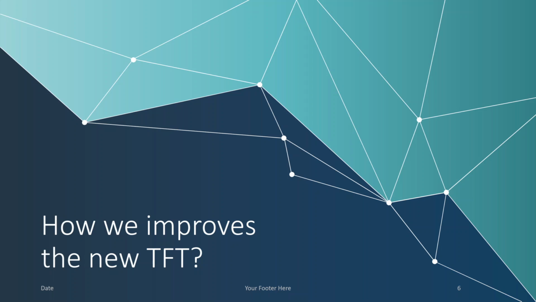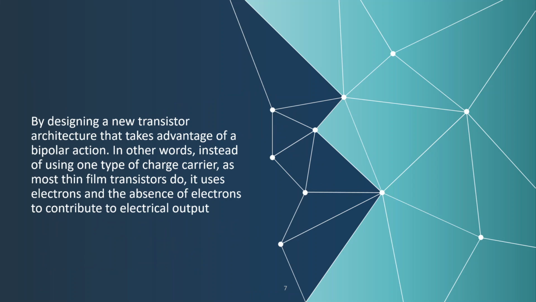So, how do they improve the new TFT? They improve the TFT by designing a new transistor architecture that takes advantage of bipolar action. So what does it mean?